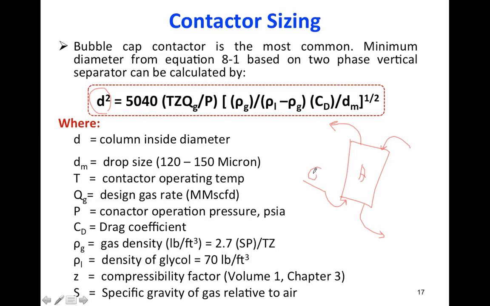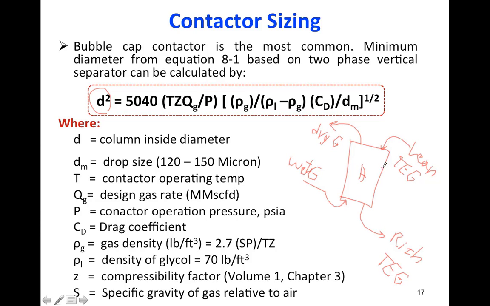This is my wet gas, this is dry gas, lean glycol, which I show with this TEG, and here I have rich glycol. So: wet gas, dry gas, lean glycol, rich glycol.